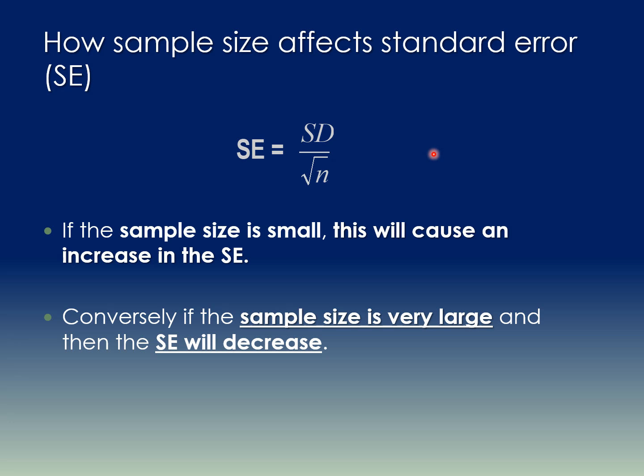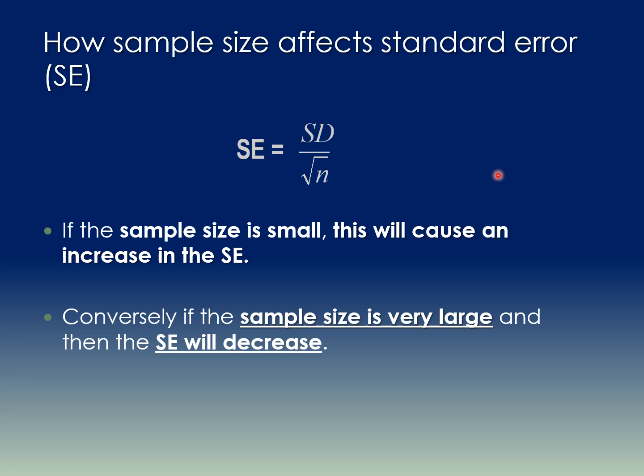Okay, that can happen. So this is why we want a sample size of sufficient magnitude, because the larger the sample size that we have, that's going to have a less dramatic effect on increasing the standard error. Now, conversely, if the sample size is really large, then the standard error is going to decrease. What if I was measuring age again, and I had a sample size of 100,000, or 1,000,000?